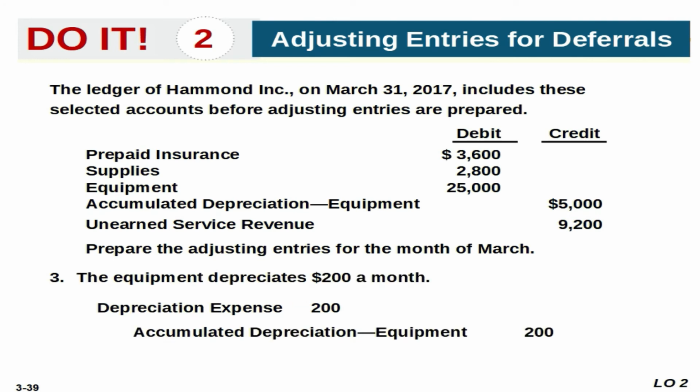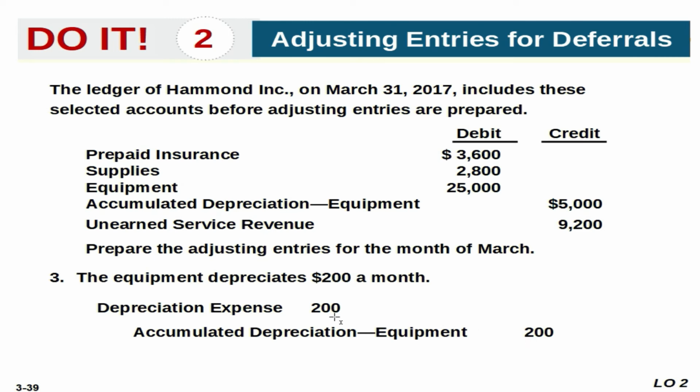3, the equipment depreciates $200 a month. So they tell us what it is. We don't have to do any calculation. The calculations are simple once you know more about depreciation methods and how they work. But here we have depreciation expense debited, accumulated depreciation, equipment credited, 200.